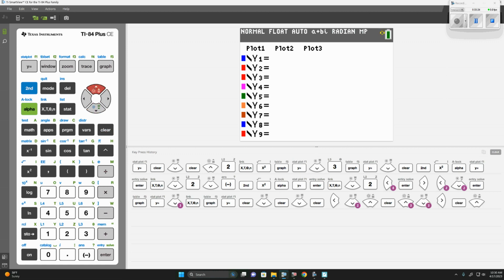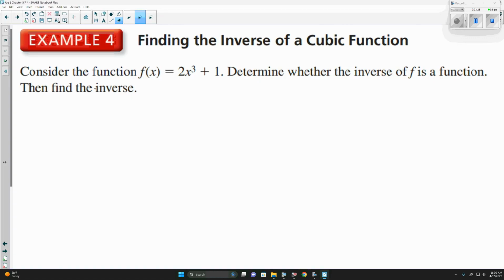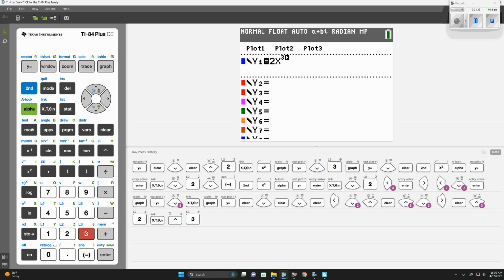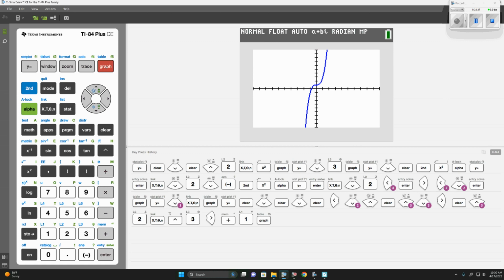We can say, well, 2x cubed plus 1. 2x to the third plus 1. I would graph it. And as we can see here, as we get close to x equals 0, we could draw a straight line, but it's just very small. This actually does have an inverse, and its inverse is a function.